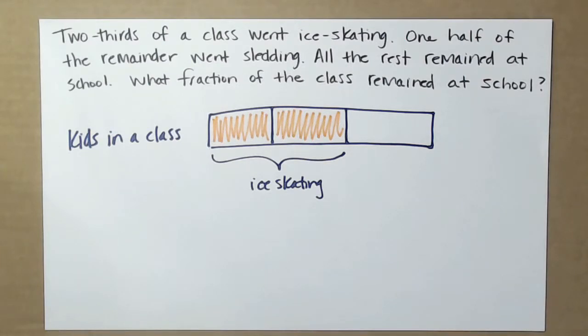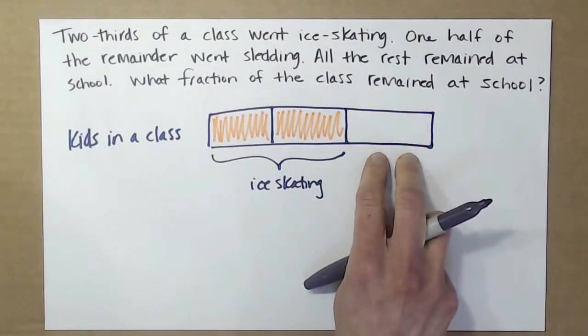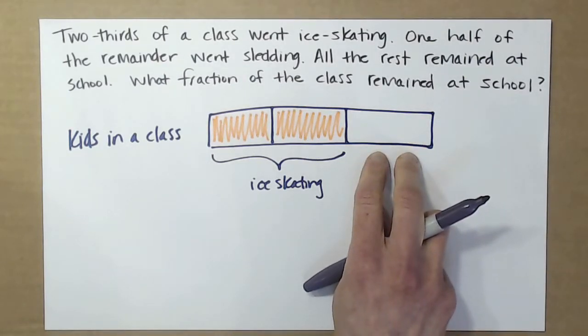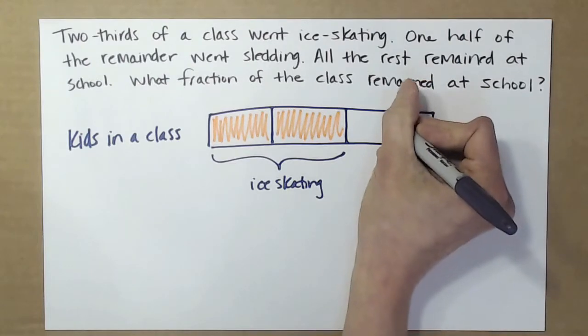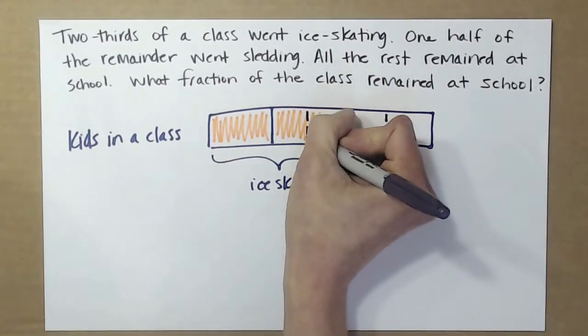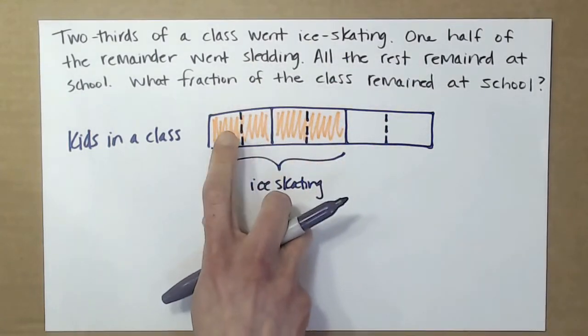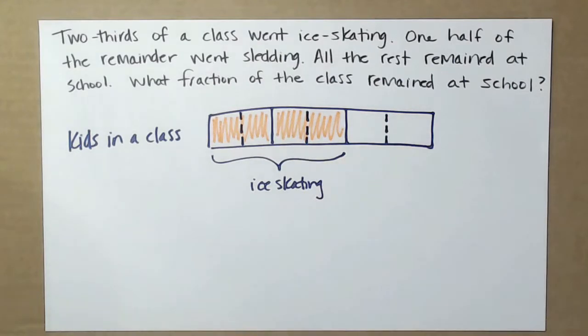Now it says 1/2 of the remainder went sledding. Now here's where I said we might have to break up, because this piece that remains, it says 1/2 of the remainder. So we have to break that up into halves. But if we break that up, we want to break all the parts up so that we still have equal parts. 1, 2, 3, 4, 5, 6. Now we have 6 parts.